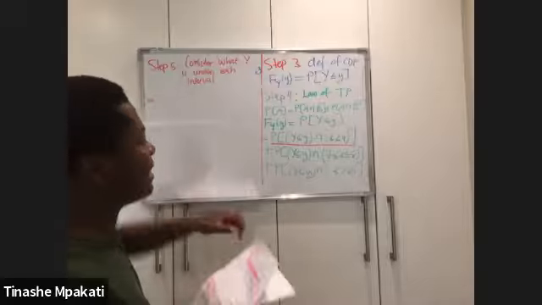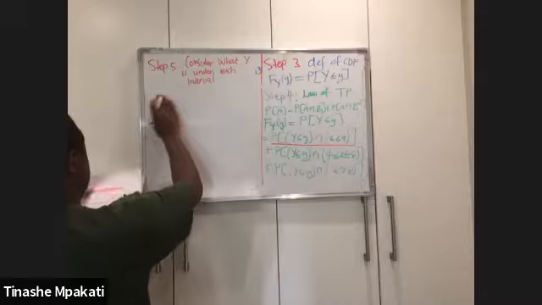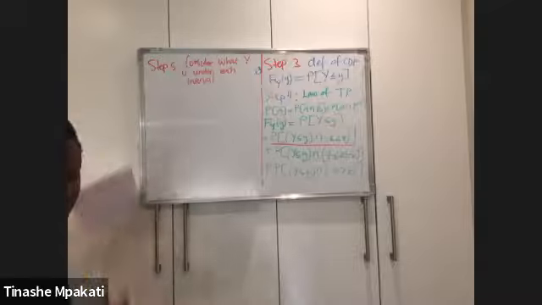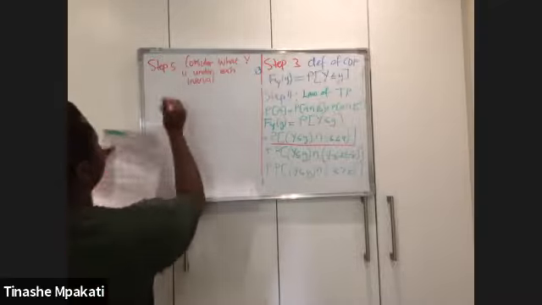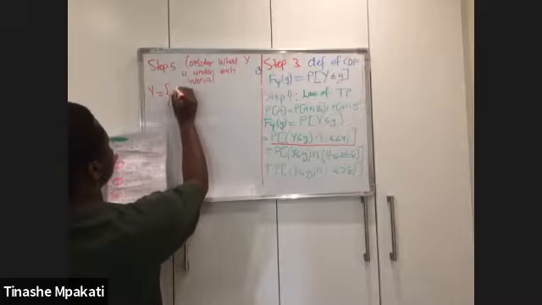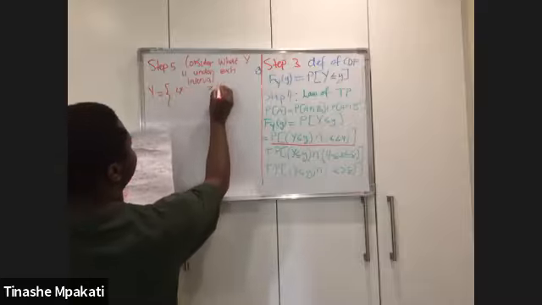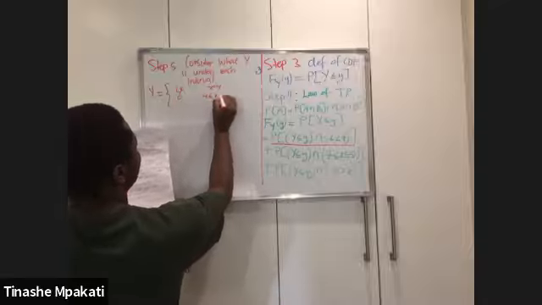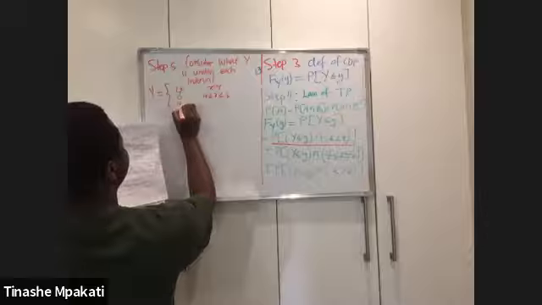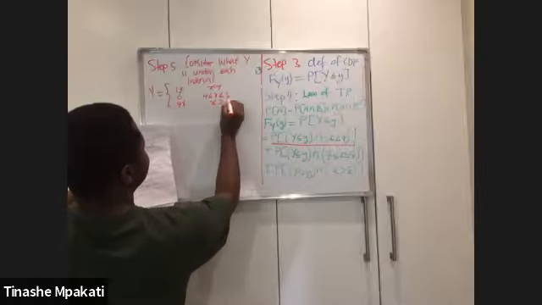If you wrote it down, initially we wrote, okay, I think I need to write this down so that we can all refer to it from the board. We wrote earlier that Y is equal to 2X when X is less than 4, 0 when X is between 4 and 8, and 4X when X is greater than 8.